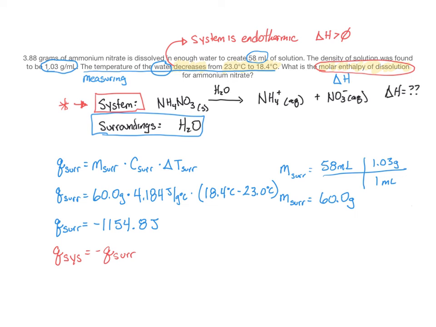This is where I can find that Q of the system is equal to negative 1 times Q of my surroundings, or Q of my system is equal to positive 1154.8 joules.